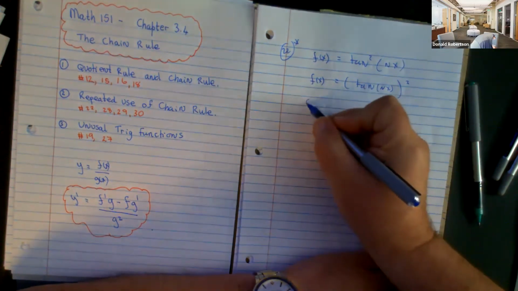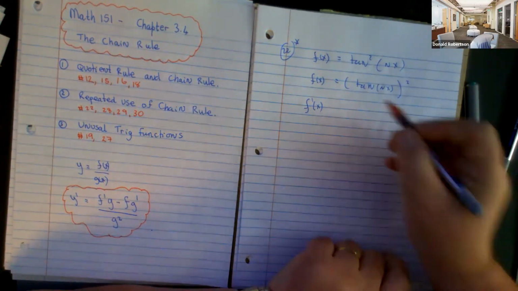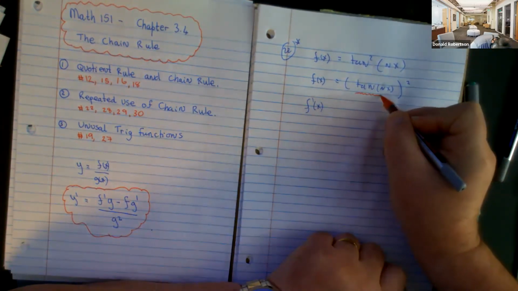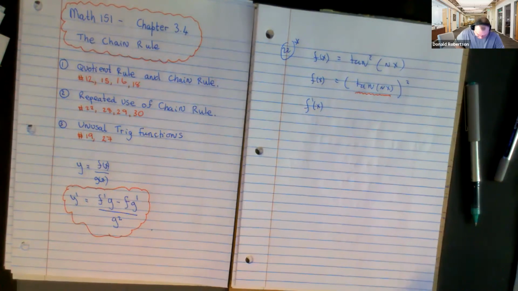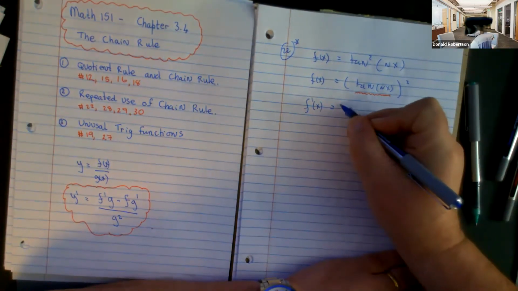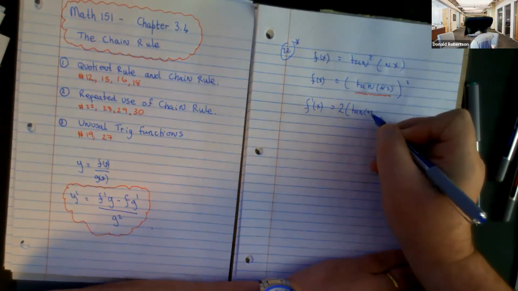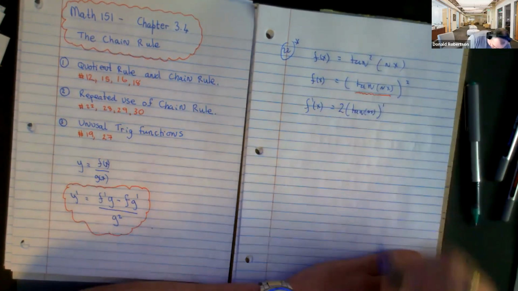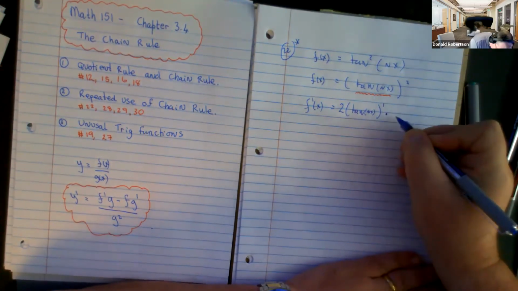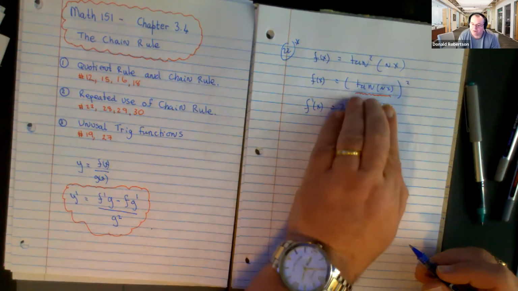So you want to differentiate it. The inside function right now is the tan of n times x. So if you want to differentiate it, you get 2 times the inside function to the power of 1 times the derivative of the inside function.